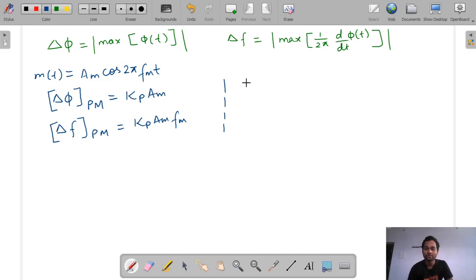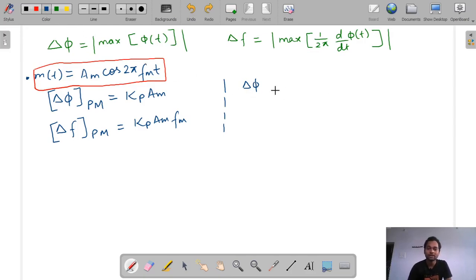Now for frequency modulation, delta phi when the message signal is sinusoidal, this is very important. You can use this formula only if the message signal is given as a sinusoidal signal. If the message signal is rectangular or triangular, then we will apply the universal formula.